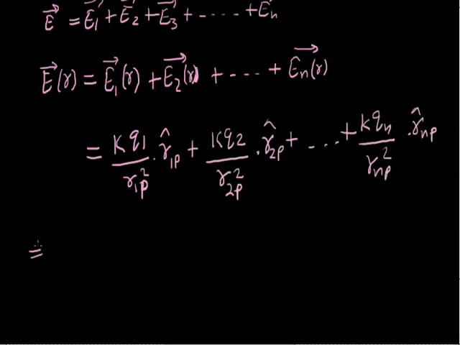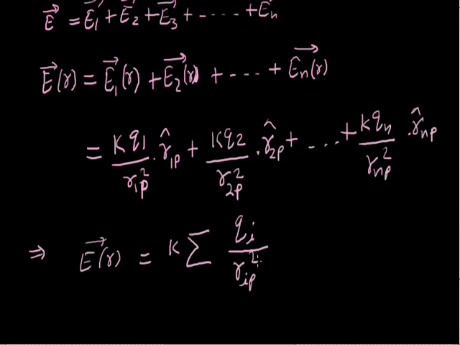We can write this formula as follows: E vector at point P will be given as k summation of Qi upon riP square into riP cap, where i equals 1 to n.